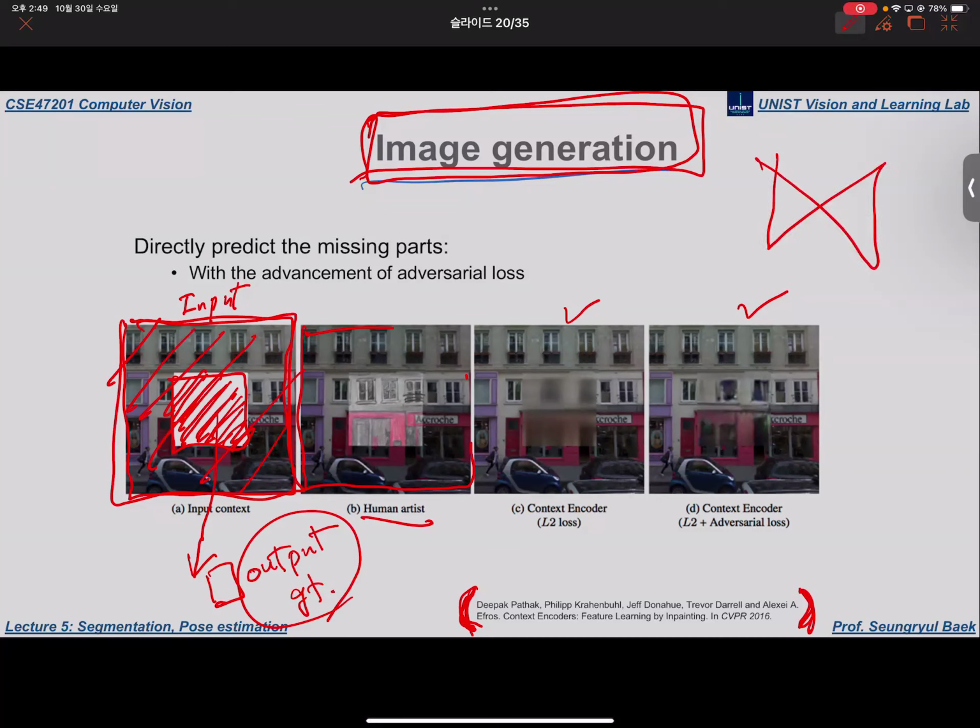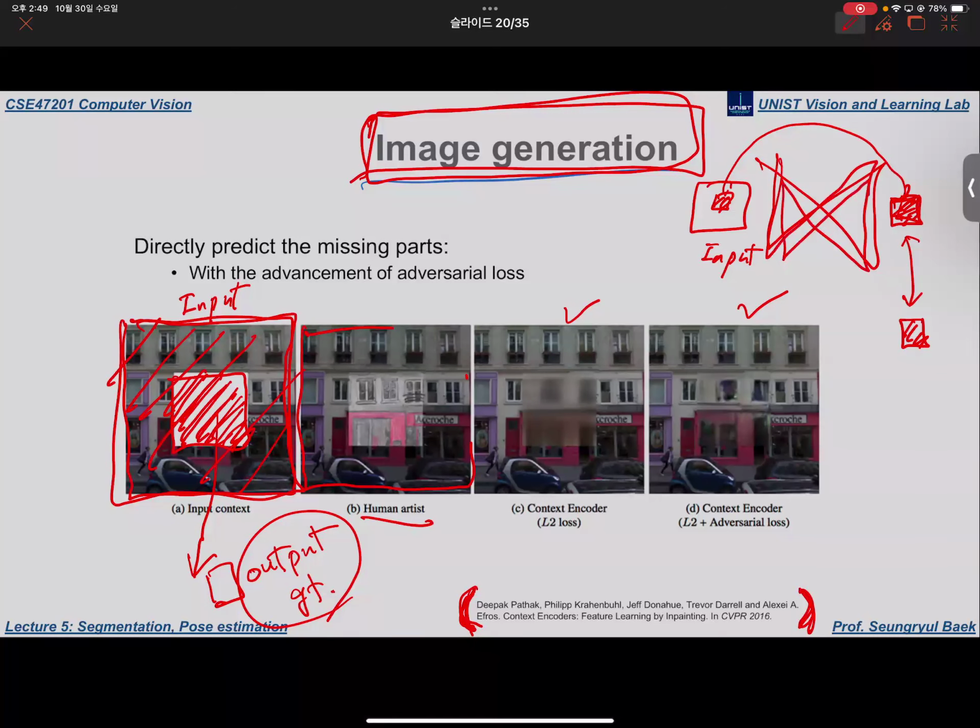The input is the center-removed RGB image, and you estimate the removed part, compare it with the ground truth removed patch, and using the MSE loss, train this encoder-decoder architecture. Then you can achieve this kind of result.